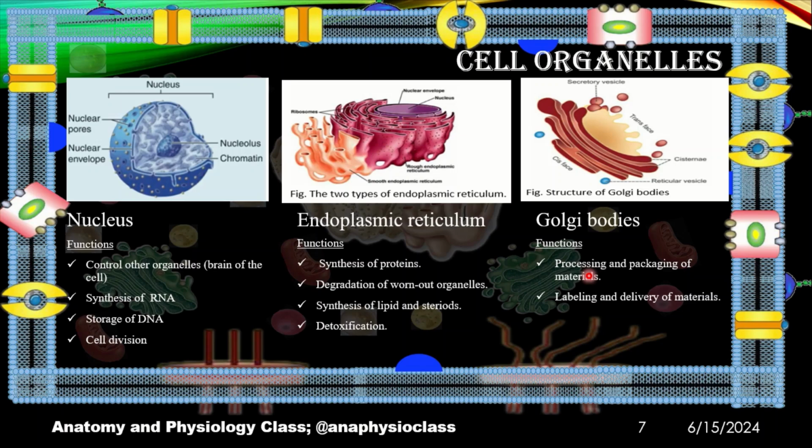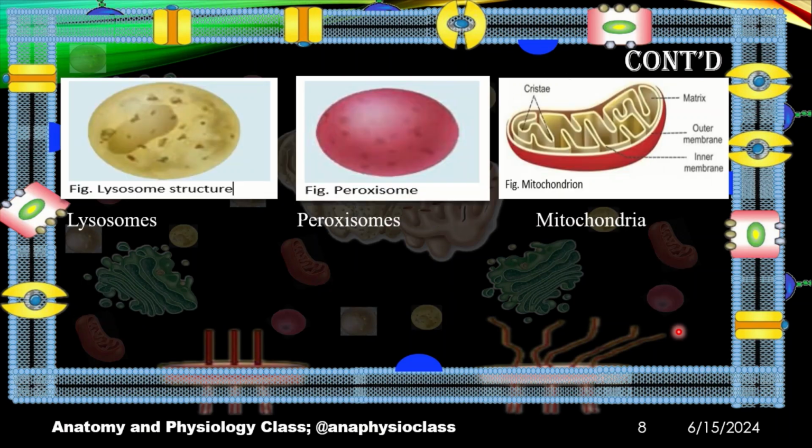That is by the labeling. Then delivery of material. It will deliver those vesicles to their appropriate site where they are supposed to be sent. That is why the Golgi apparatus is known as the post office of the cell, and it is also known as the shipping department of the cell.